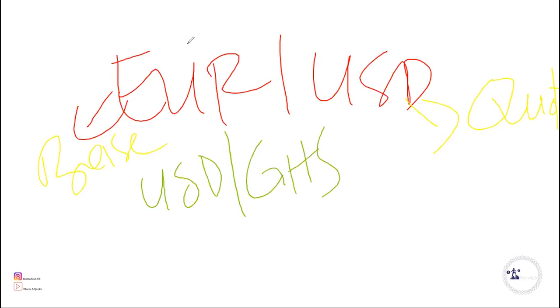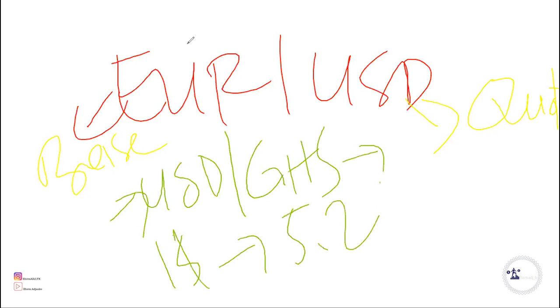If the US dollar is the base and the Ghana cedi is the quote, it means that one US dollar equals 5.2 Ghana cedis, if I'm right.